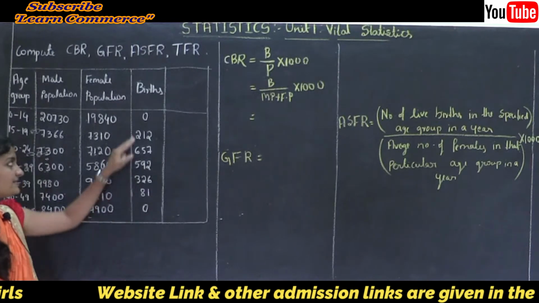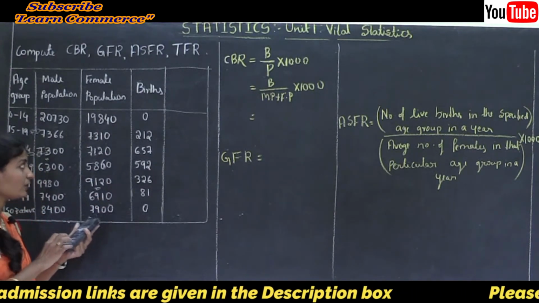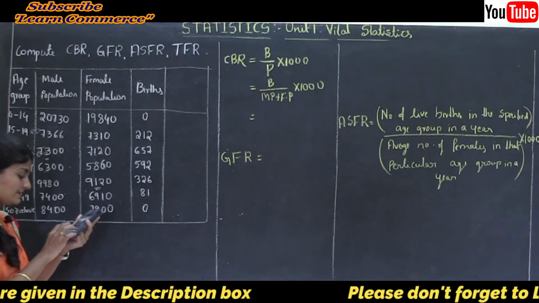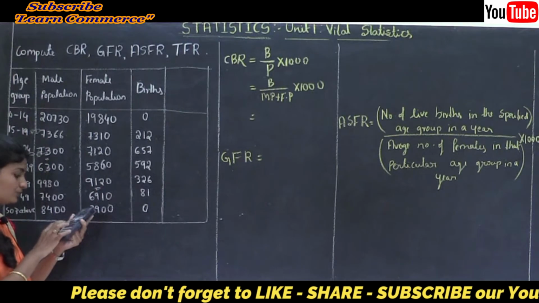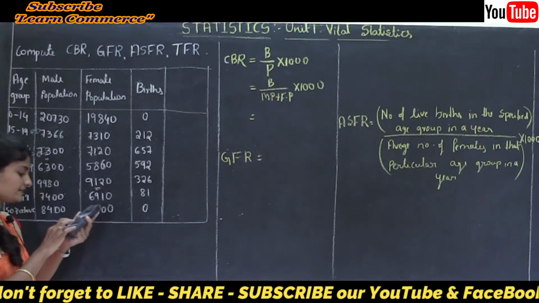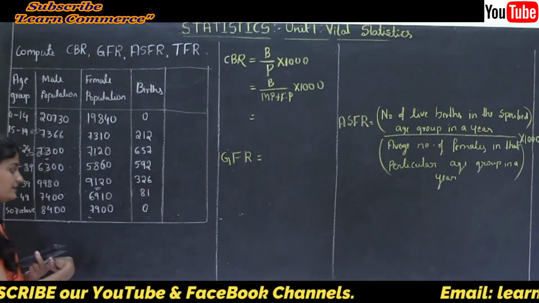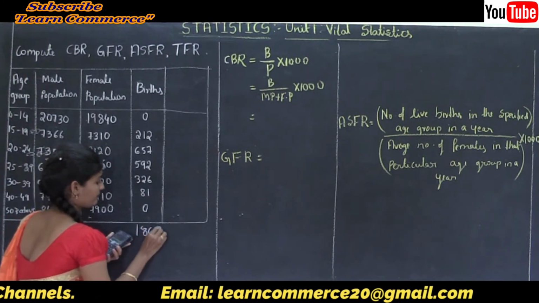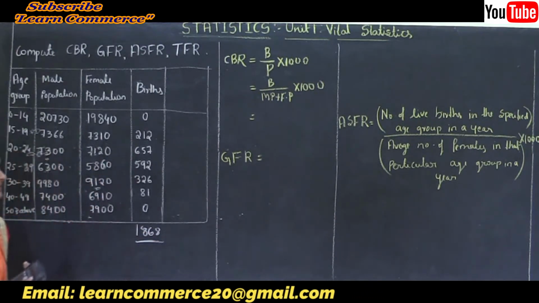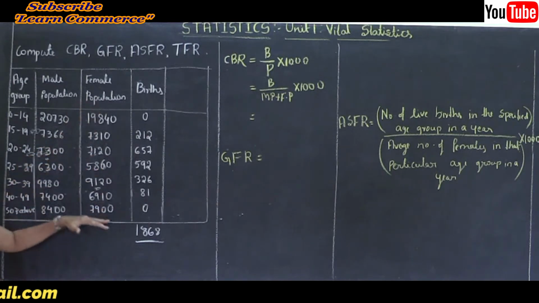The total of births is 212 plus 657 plus 592 plus 326 plus 81, that is 1,868. Next we need to calculate the total of male population and total of female population.